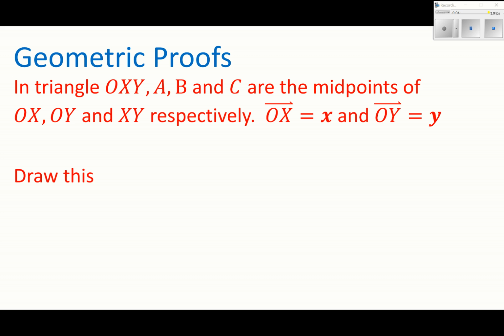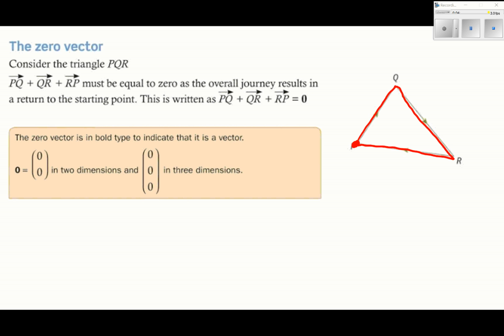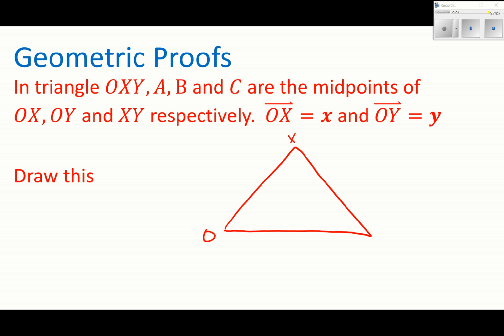We just have some arbitrary triangle OXY. I'm going to call this O, this X, and this Y. I'm going to be more specific: this is a capital Y, and this is a capital X. So OXY is our triangle.